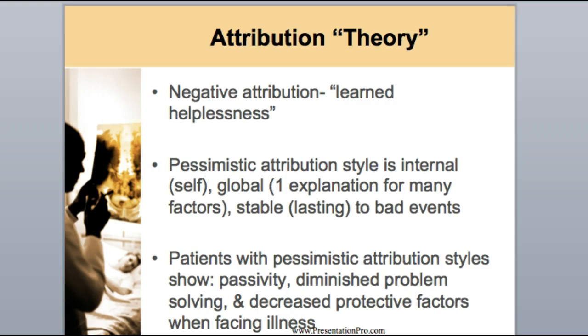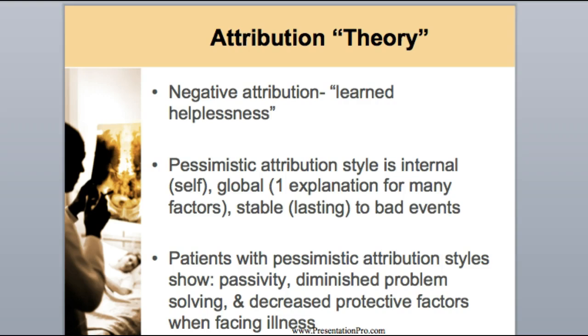Also, patients with pessimistic attribution style tend to show passivity, diminished problem-solving ability, and decreased protective factors when facing illness. So again, they're not so good at identifying supports and protective factors that can help move them forward with what is going on with them.